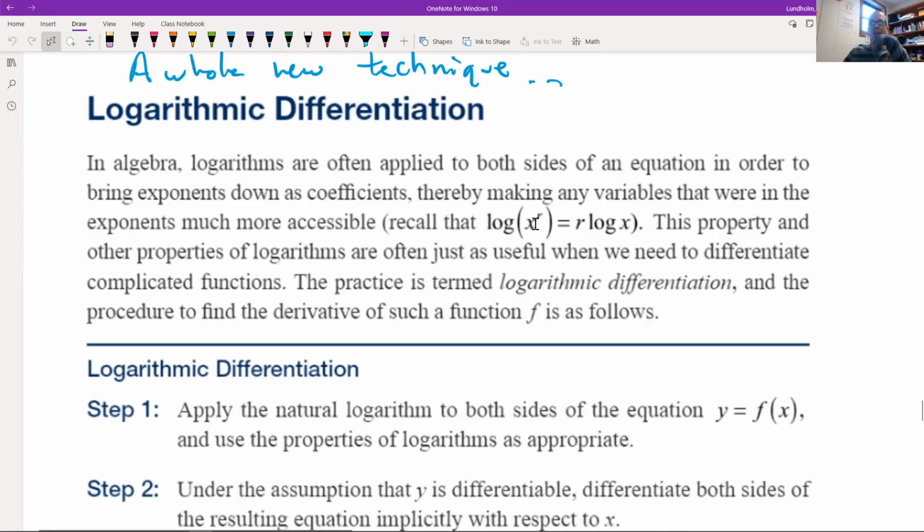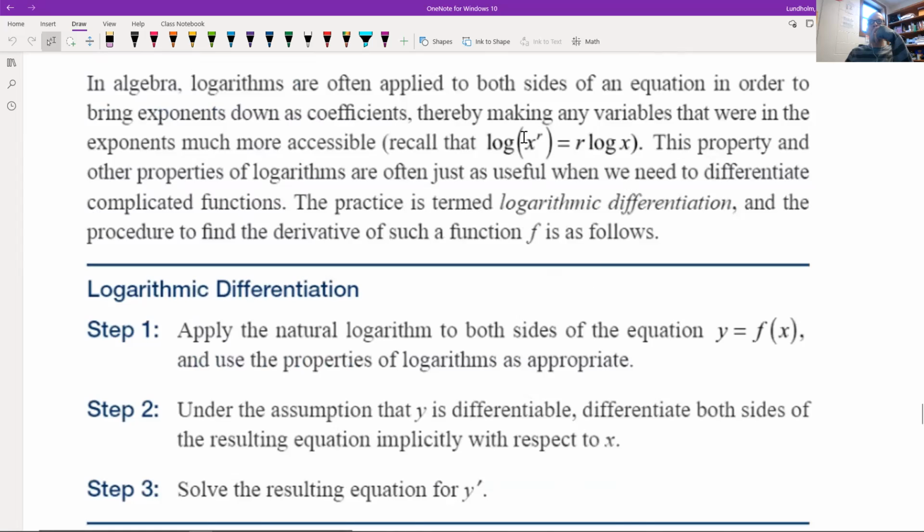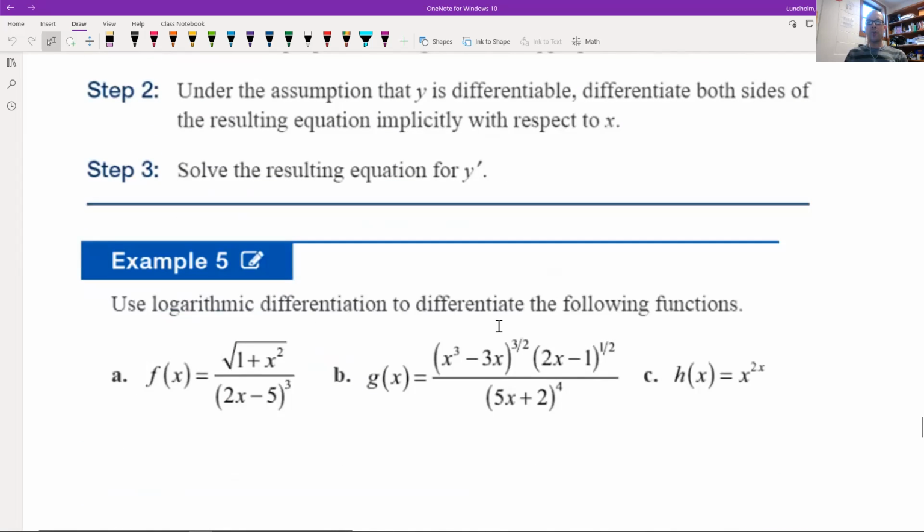because the log of an exponential expression is the same as taking the exponent out to the outside and multiplying it times the log of x. So there's a nice simplification where powers become factors on the front. So we would essentially be able to bring powers down and things work out nicer.